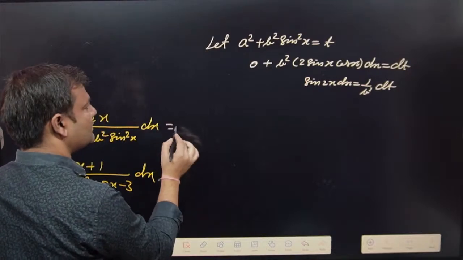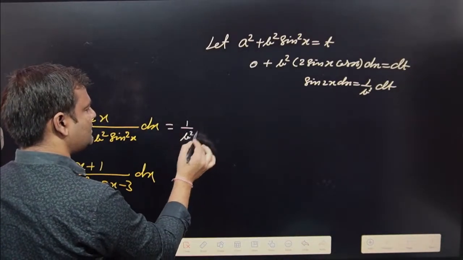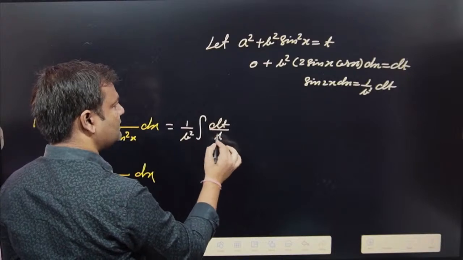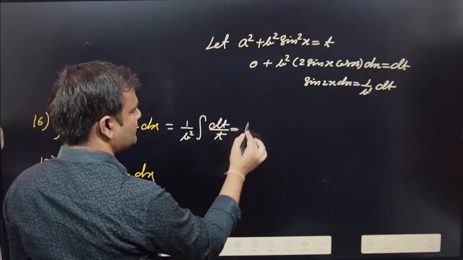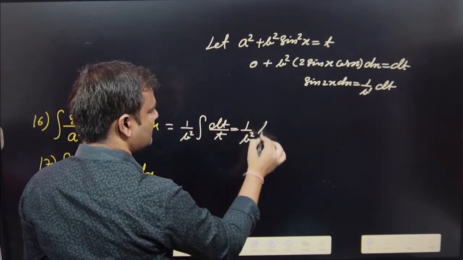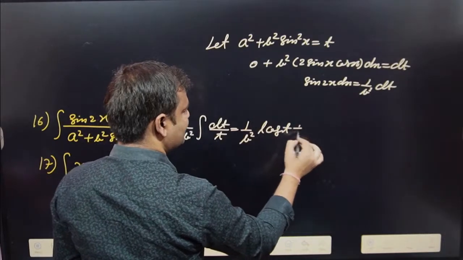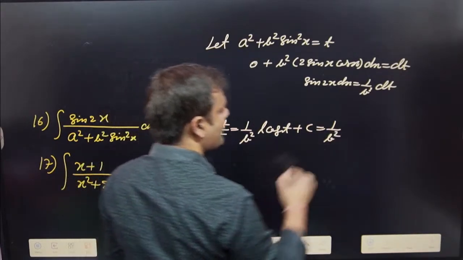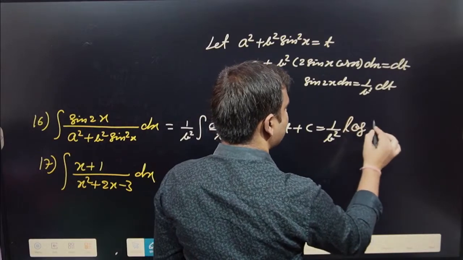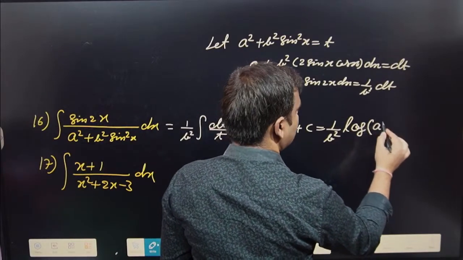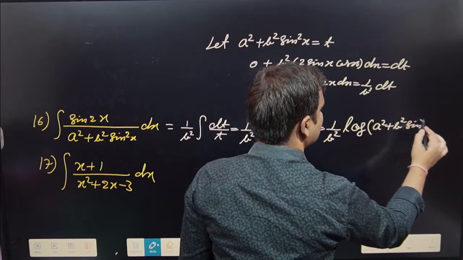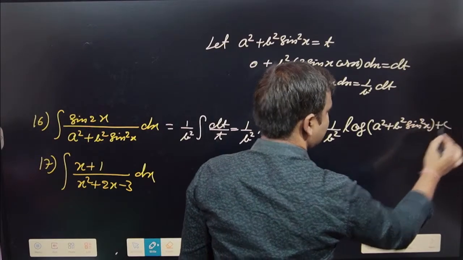So 1 by b square, dt upon t, gives 1 by b square into log t plus c. That is 1 by b square log of (a square plus b square sin square x) plus c, which is the right answer.